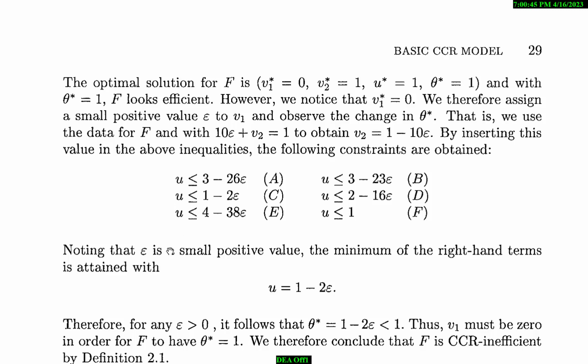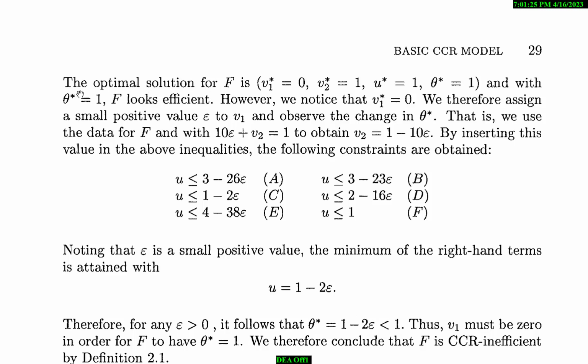So we can see the maximum of u is the minimum of the right hand sides. So the maximum value of u will be 1 minus 2 epsilon, because the others are bigger than or equal to this value. So if epsilon is positive, the value of theta star is always less than 1.